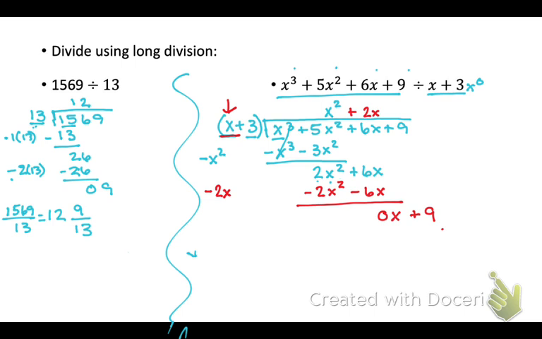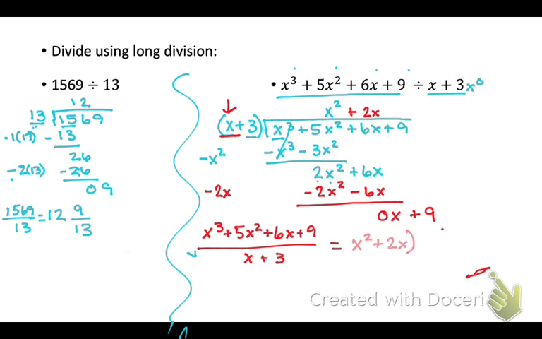Okay? So how we do this is we would say x cubed plus 5x squared plus 6x plus 9 divided by x plus 3 equals x squared plus 2x, plus 9 over x plus 3.